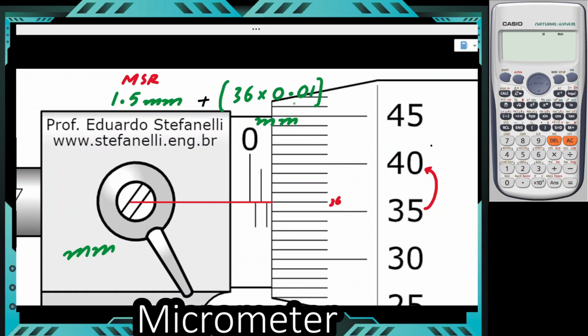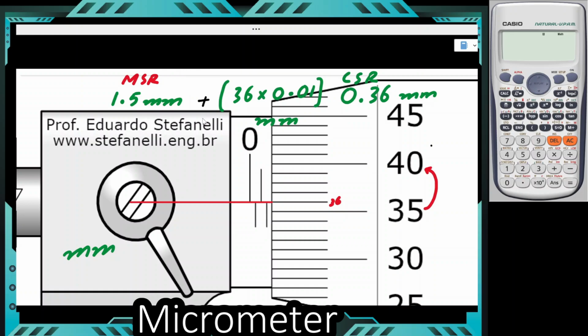And you don't even need a calculator for that. 36 times 0.01 would be 0.36. So what's your circular scale reading? Now your circular scale reading is 0.36.